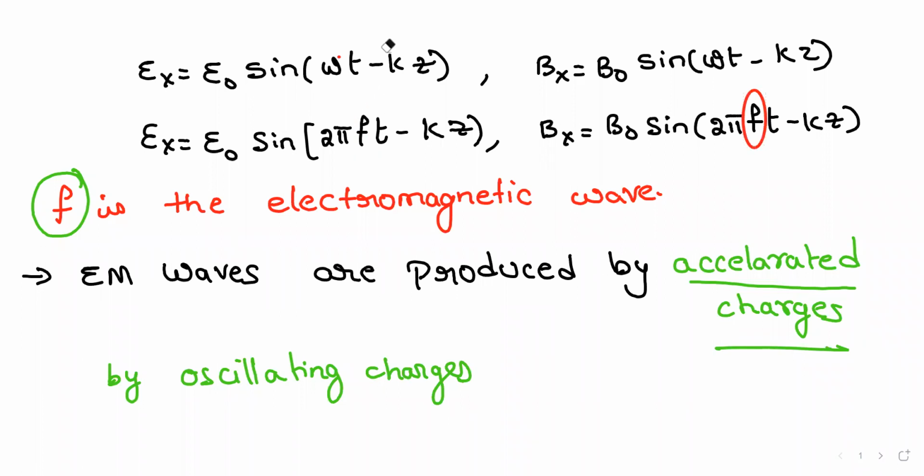So the frequency of the electromagnetic wave is equal to the frequency of the oscillating charge.